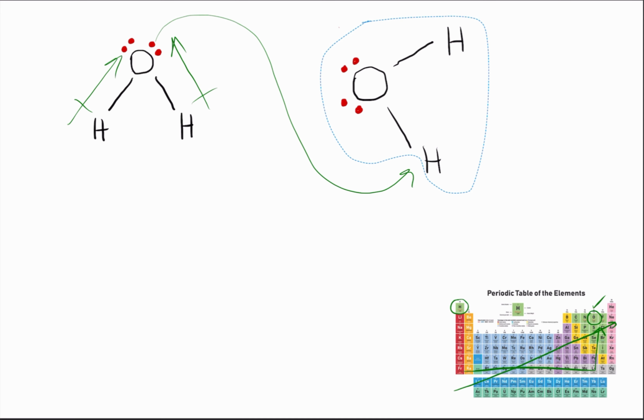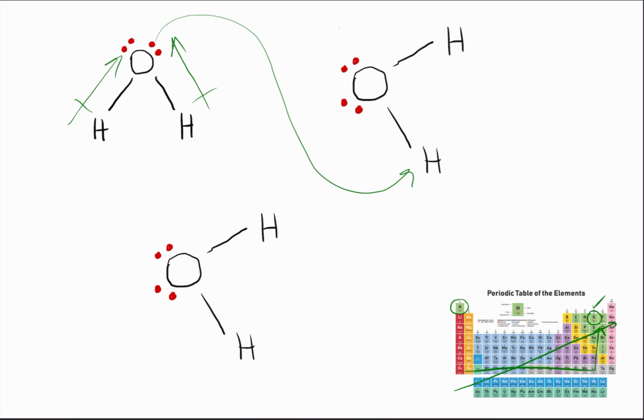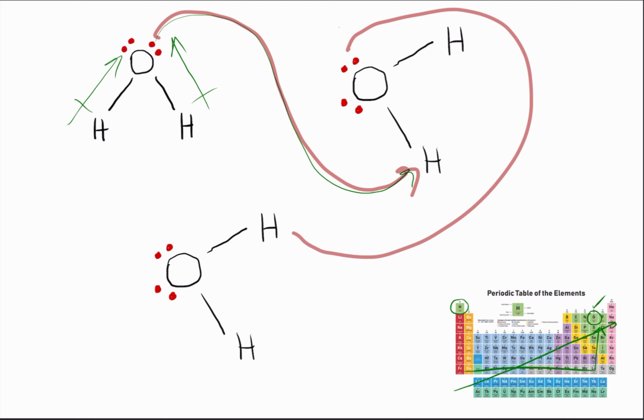It's pretty cool, right, guys? I can copy and paste this. If I copy and paste another one, what will happen? This water molecule follows this one, and then this one can go ahead and attack that hydrogen there.